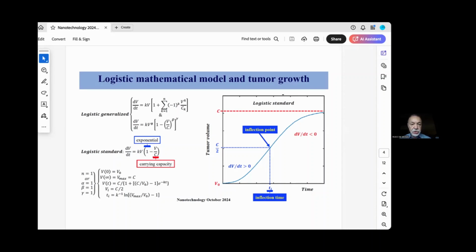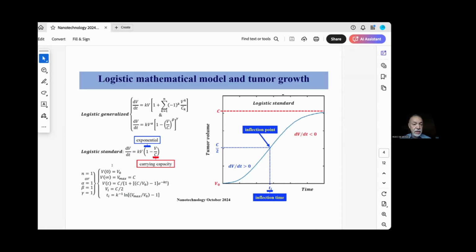The same solution you can find if you take the three parameters in the second way to describe the differential equation and set all of them equal to 1. Then here is the same first order approximation of the logistic model, this is the standard or first order logistic model.